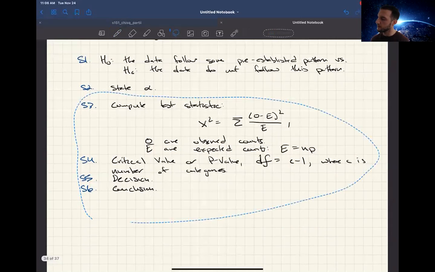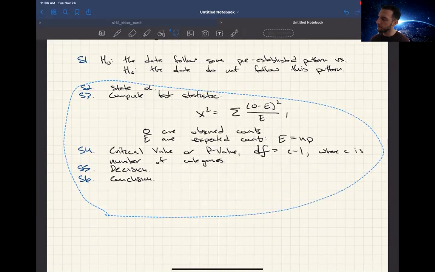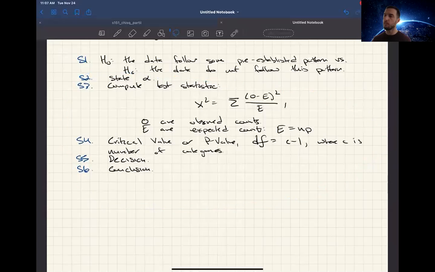So we're only going to use a goodness of fit test when we have one variable that is of interest to us, and we want to determine if that variable is giving us evidence that some pre-established pattern regarding a particular distribution is actually being followed.